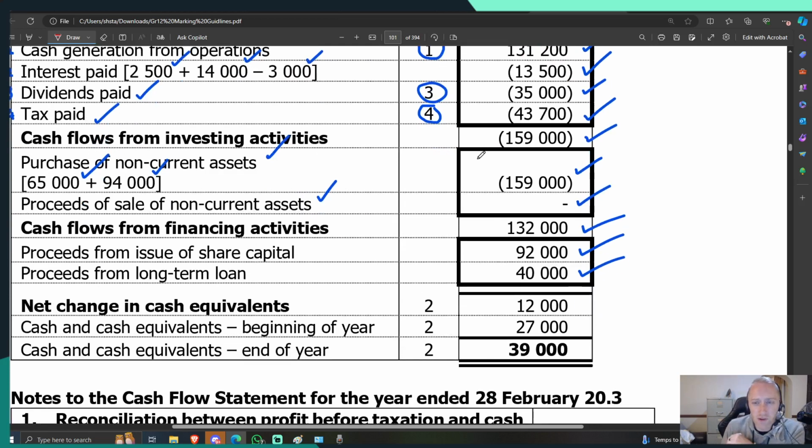Cash flows from investing activities. Investing activities was an outflow of cash. Now, do we want our cash flows from investing activities to be an inflow of cash or an outflow of cash? We want it to be an outflow of cash because you want to grow your business, which means you want to invest in your business.